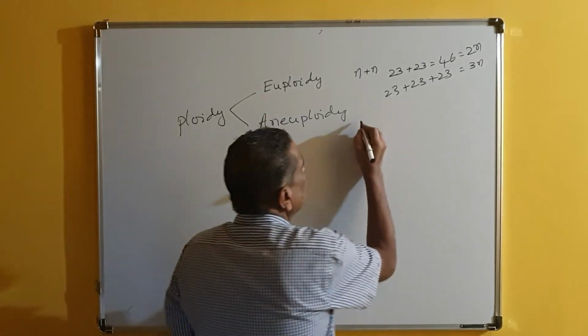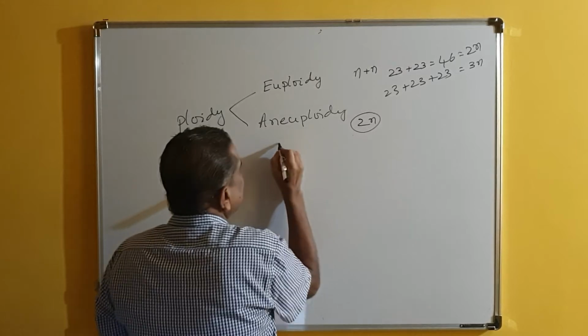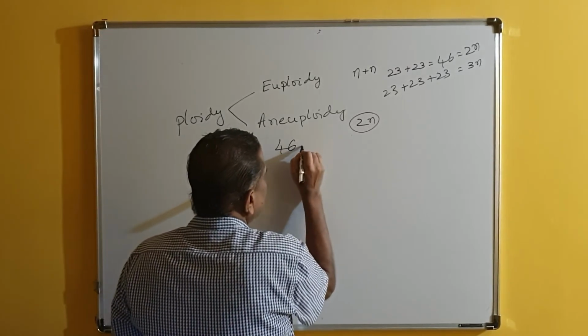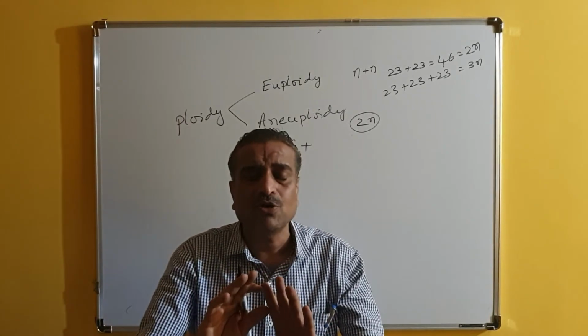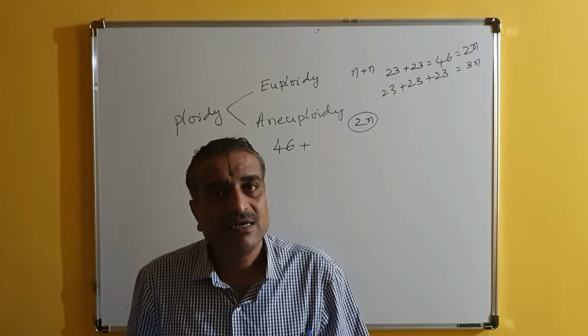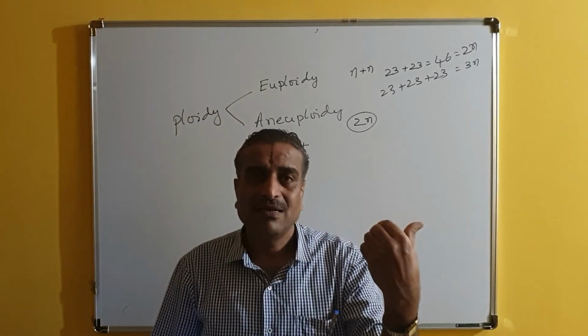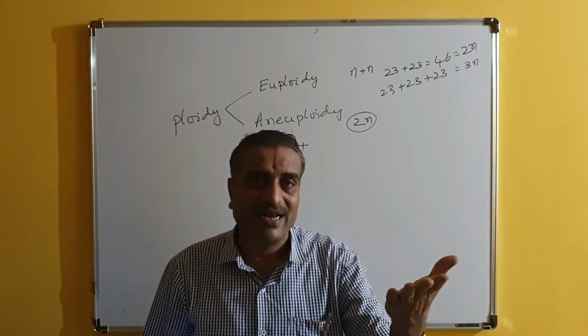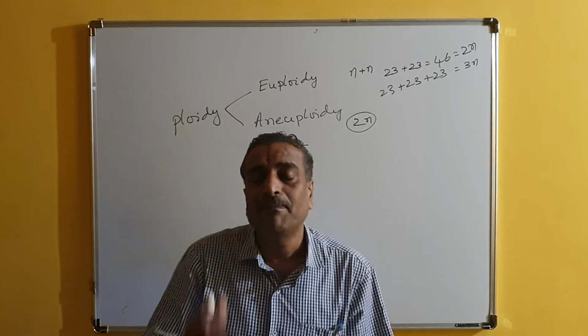For example, 2n means 46 chromosomes are there. For this, one or two chromosomes are added or deleted, not the entire set. If another 23 set is added, that becomes 3n, that becomes euploidy. But here only part of the set is added or deleted.